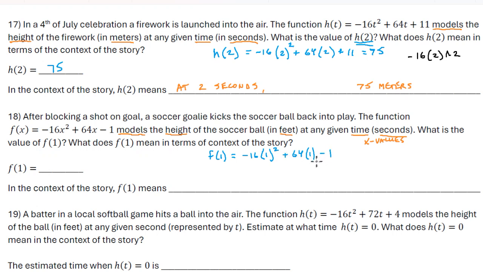Remember the two key things. This minus sign right here is not subtraction. It is the key that looks like this on your calculator. Negative 16. And then remember how we do the exponent?